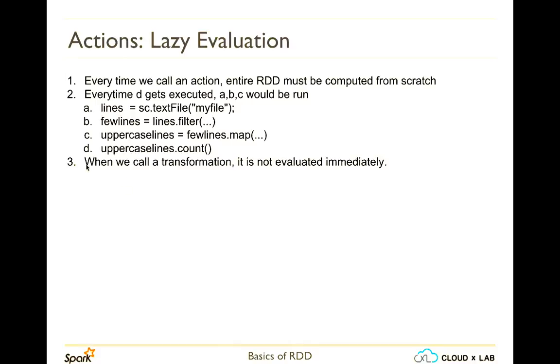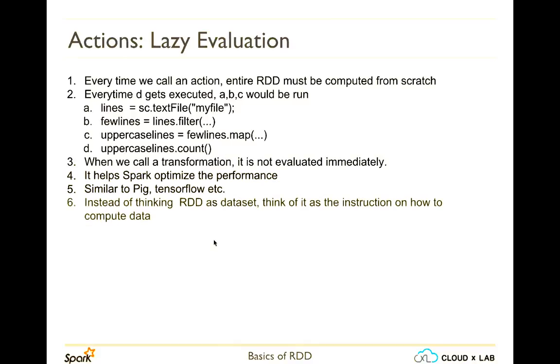All right. So when we call a transformation, it is not evaluated immediately. It helps Spark optimize the performance, similar to Pig, TensorFlow, etc. Instead of thinking of RDD as a data set, think of it as instructions on how to compute data.